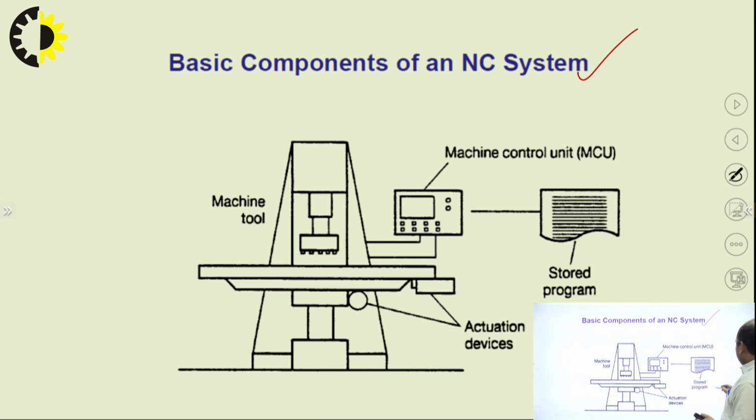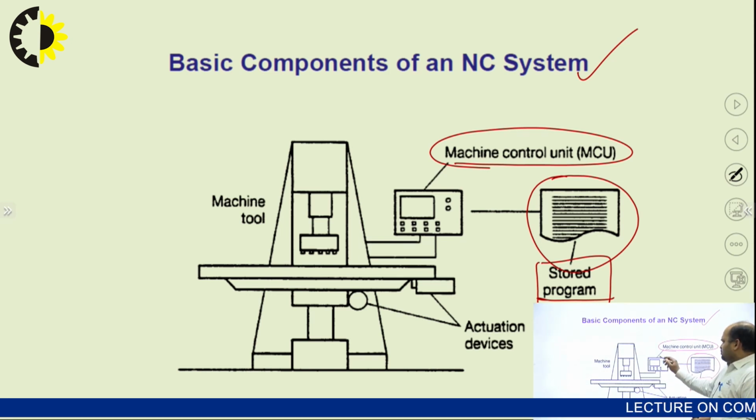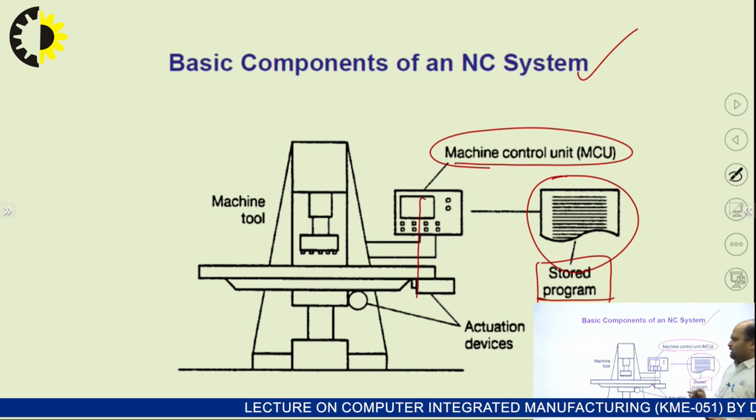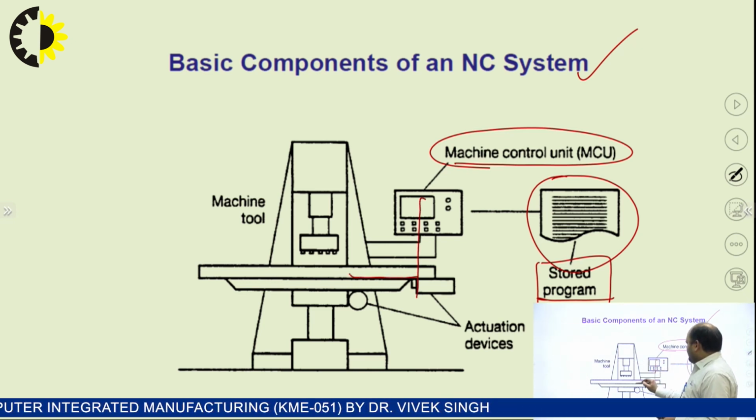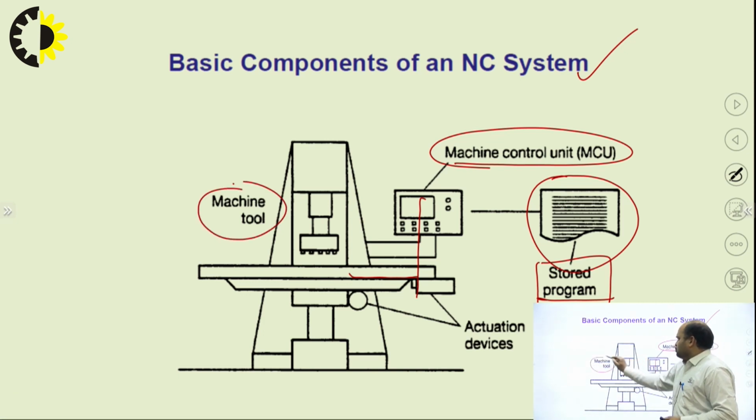So here, talking about the numerical control machine system components, first of all this is the stored program. The stored program may be in the form of alphanumeric codes, some sort of punch sets or other coded systems. After that the stored program will be fed into the machine control unit, so that the machine control unit can read the program and execute the sequence of operations in the movement of various components of the machine tools.